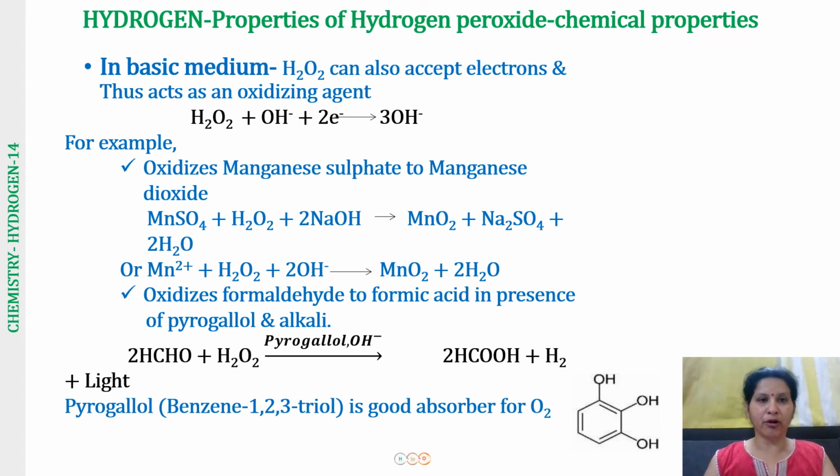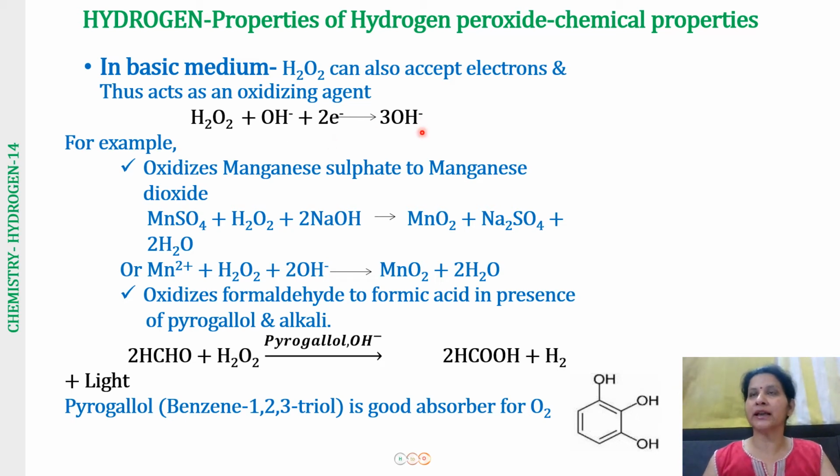The next we move on to the basic medium. In the basic medium H2O2 can accept electrons, and thus it also acts as an oxidizing agent. It accepts electrons, it is getting reduced, and it is acting as an oxidizing agent. So H2O2 plus OH ions plus gain of 2 electrons forms 3 OH ions.